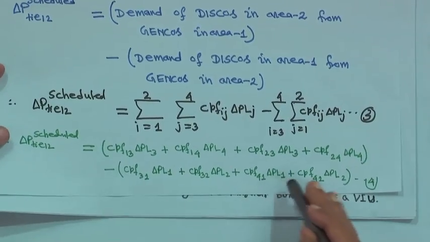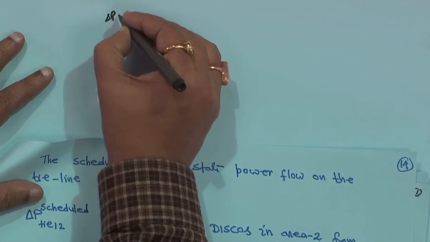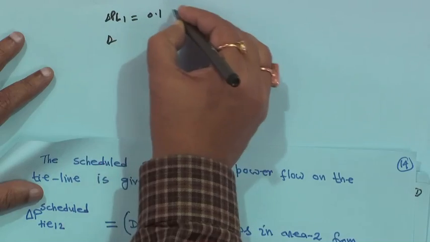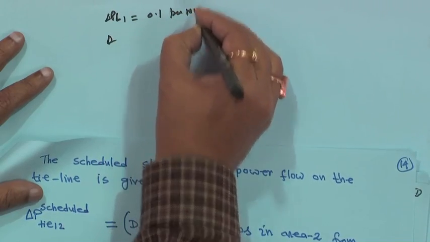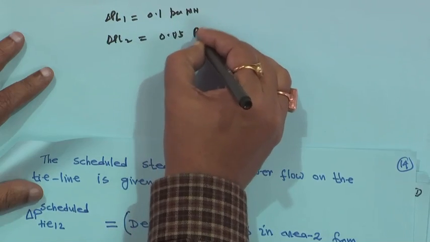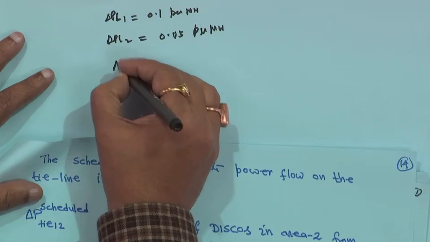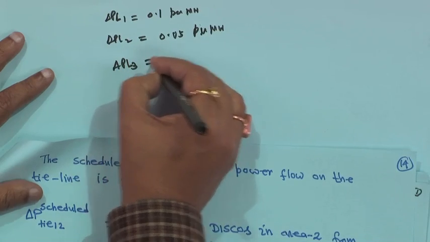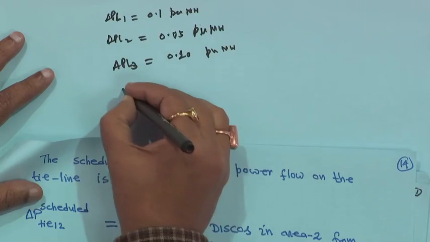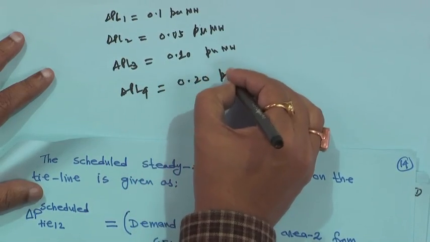For example, suppose we have delta PL1 equal to 0.1 per unit megawatt, delta PL2 equal to 0.05 per unit megawatt, delta PL3 again 0.10 per unit megawatt, and delta PL4 0.20 per unit megawatt.